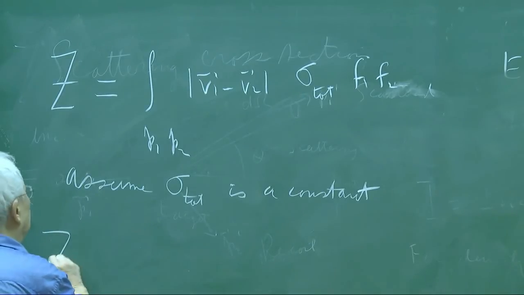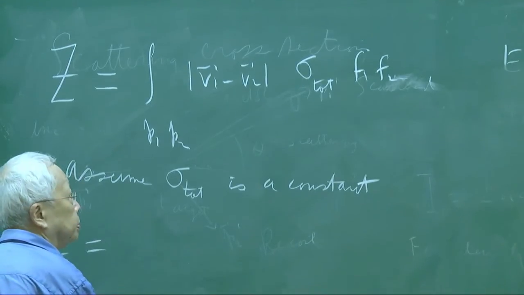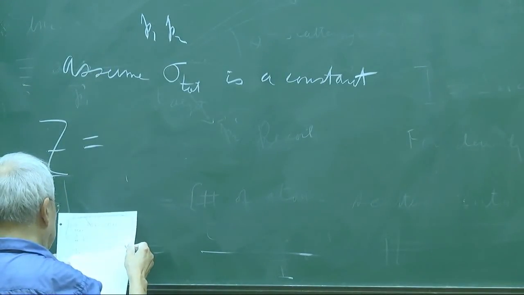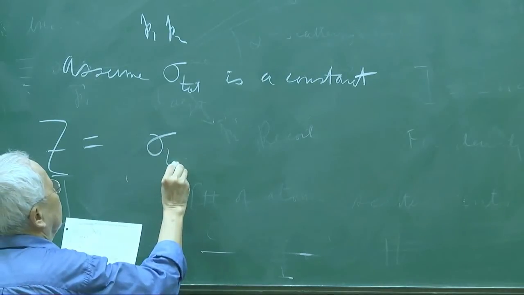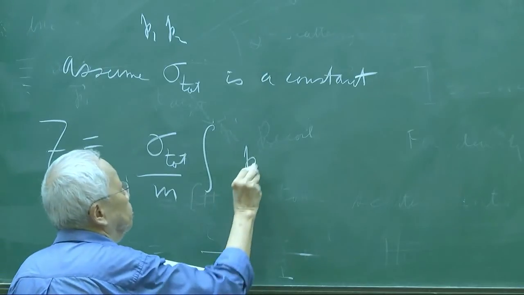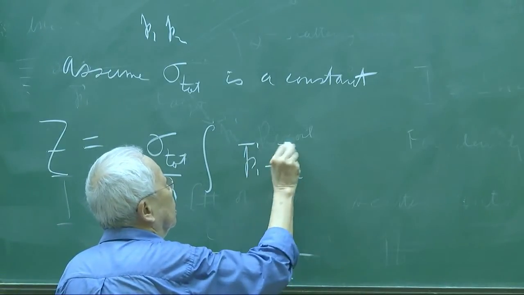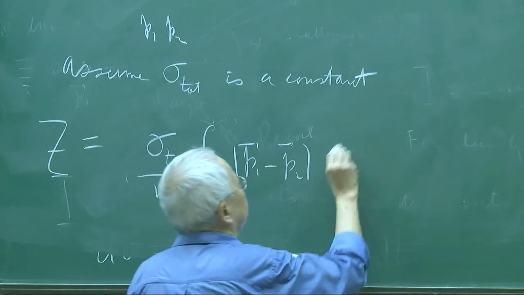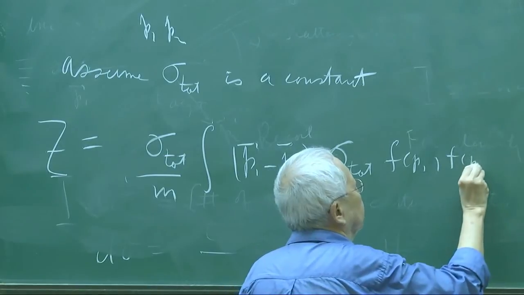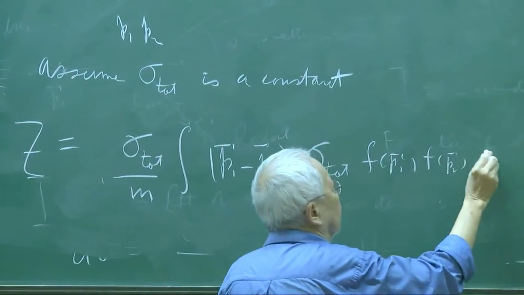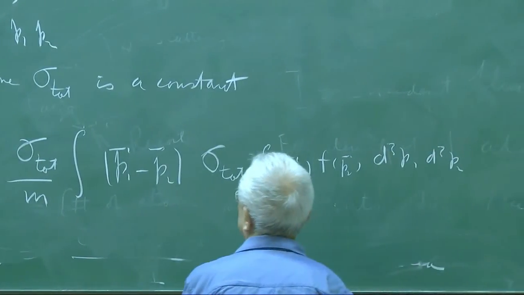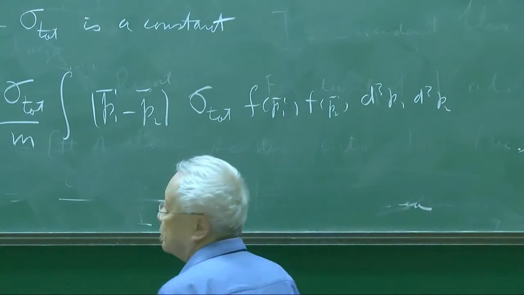Then Z is equal to sigma total divided by m, because I want to convert that into p1 minus p2, times sigma total, f of p1, f of p2, d3p1 d3p2, and that's an integral you can certainly do.